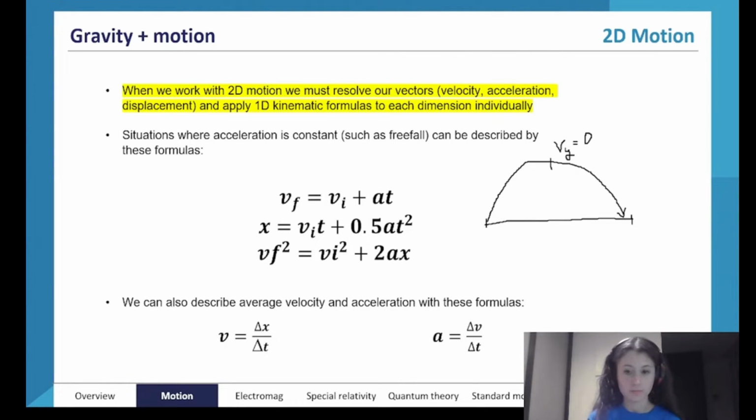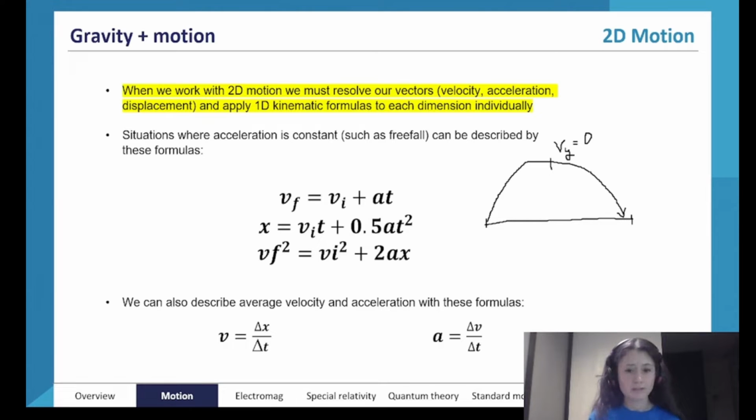Remember that the horizontal velocity is going to be constant because there's no acceleration acting in the horizontal direction. There's only acceleration acting downwards or vertically. So there's going to be acceleration vertically but not horizontally.